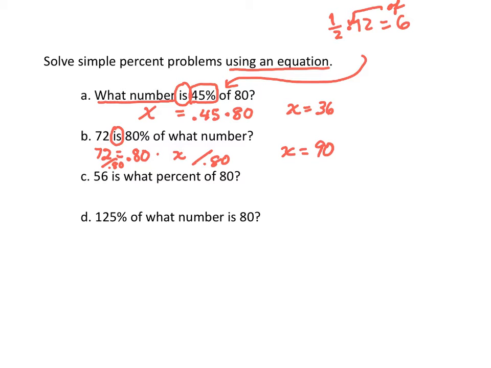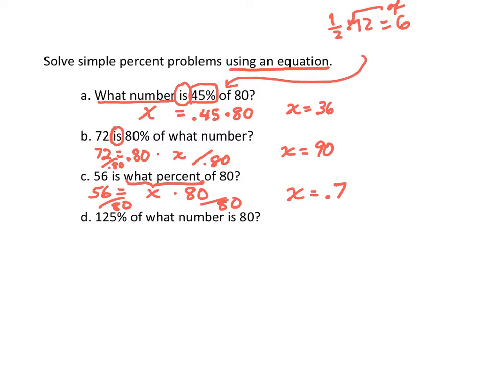All right, 56. 56 is, that's my equal sign, what percent? Now this time we have a missing percent, so that's my x of 80 is times 80. So now this time I'm going to divide by 80. Now when I get this, 56 divided by 80, I get 0.7.